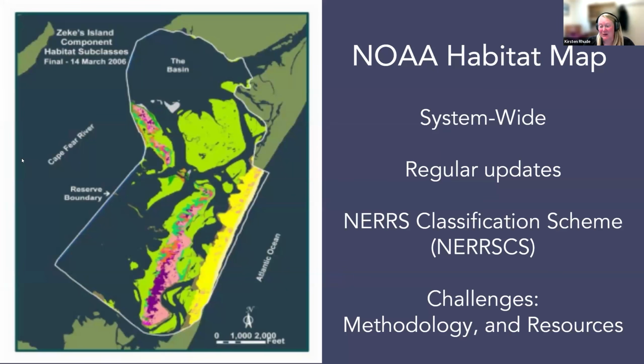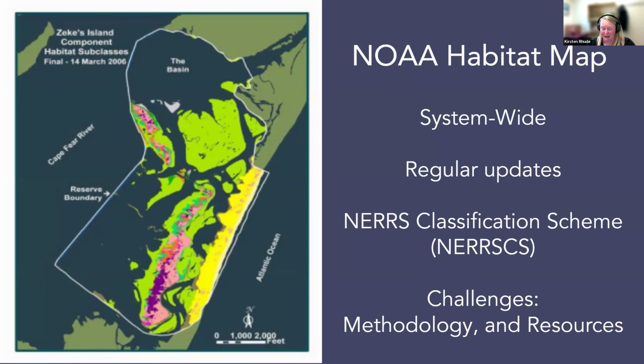All right. So the reserve habitat maps, the catalyst for this project was to develop a reserve habitat map, which is one of the system-wide or NERRS-wide elements that each reserve has.